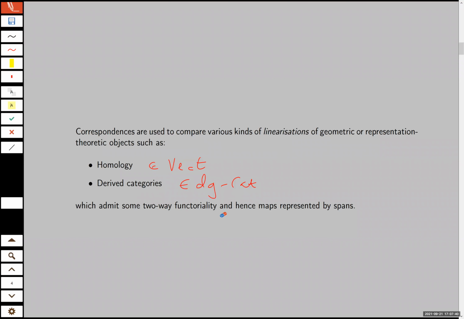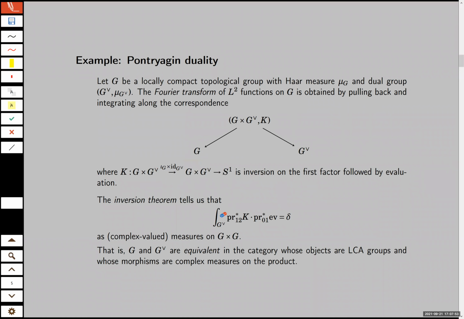So I'm going to spend some time going over some of the examples I've seen and the kind of examples I think about when I think about this subject abstractly. A very classical example is the Pontryagin duality between locally compact topological abelian groups.